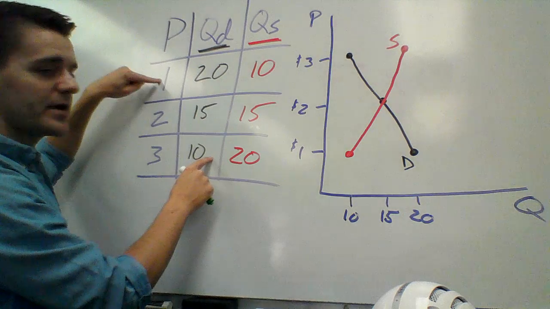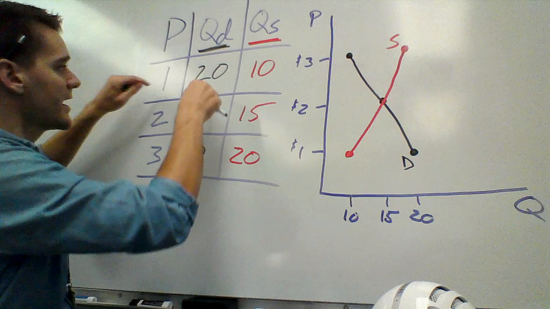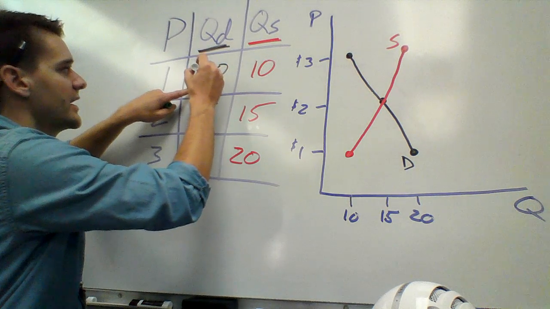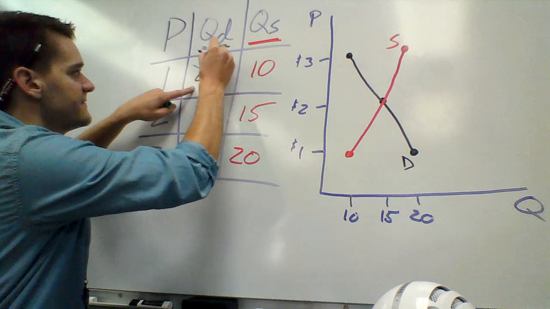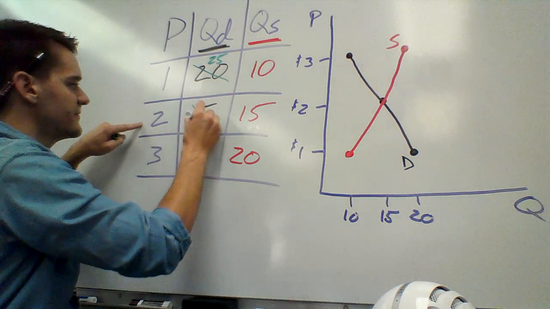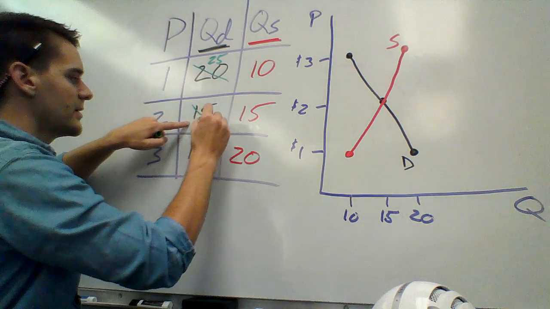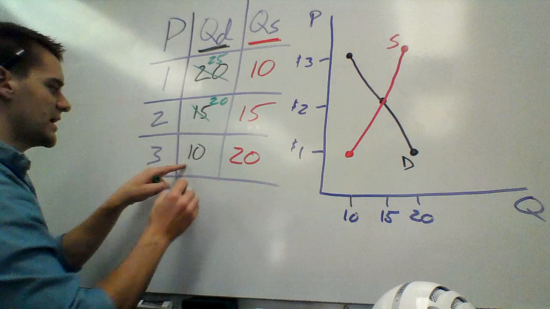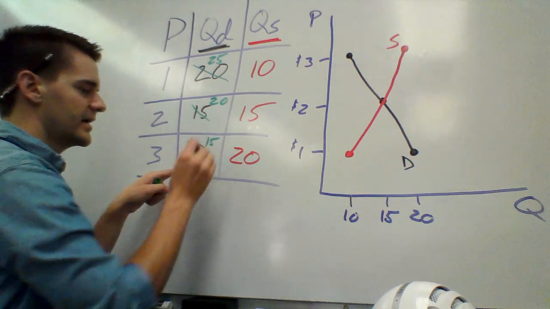Because now at a price of $1, I'm not going to buy just 20 chicken nuggets. Now I am going to buy maybe 25. And at a price of $2, I'm not going to buy 15 anymore. Now I'm going to buy 20. And all the way down to the price of $3, I won't buy 10. Now I will buy 15.